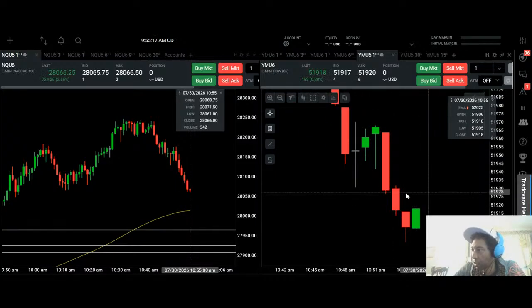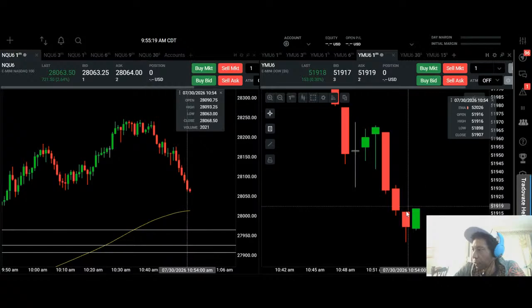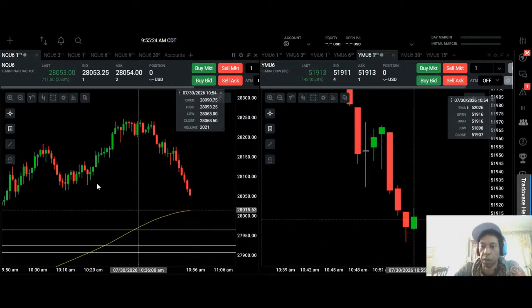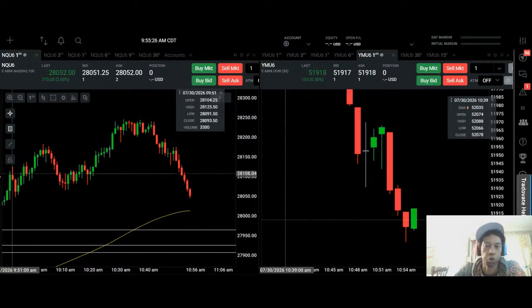I might just leave this alone for today. 1054 candle low. Nope. Yeah, that 944 candle low, they're coming into it right now.